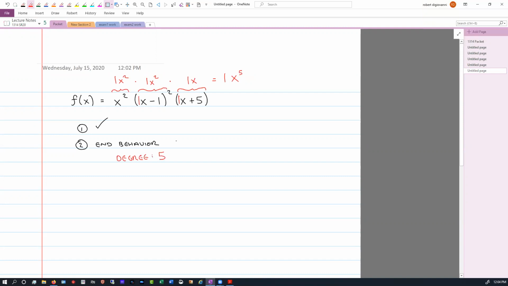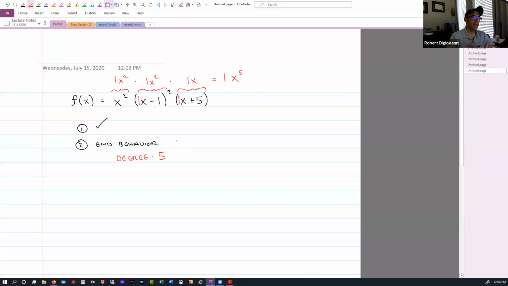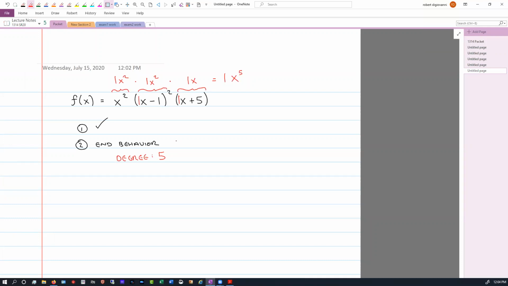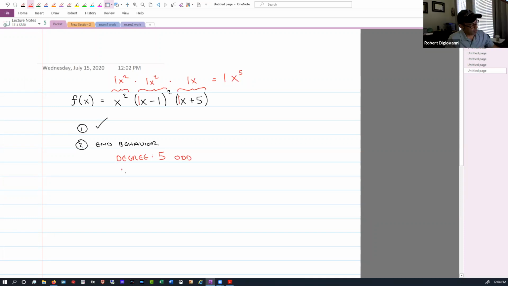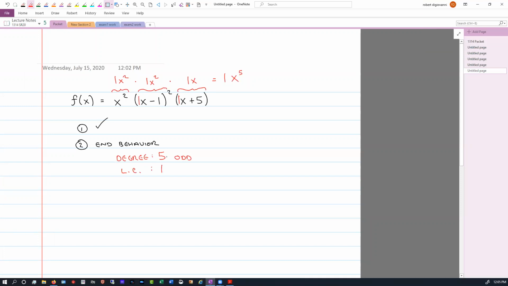And what are we concerned about when it comes to degree? Are we concerned about even, odd, or positive, negative? Even, odd. And this is an odd number, right? Okay, what's the leading coefficient? 1. Okay. And for leading coefficient, we're concerned about even, odd, or positive, negative? Positive, negative.